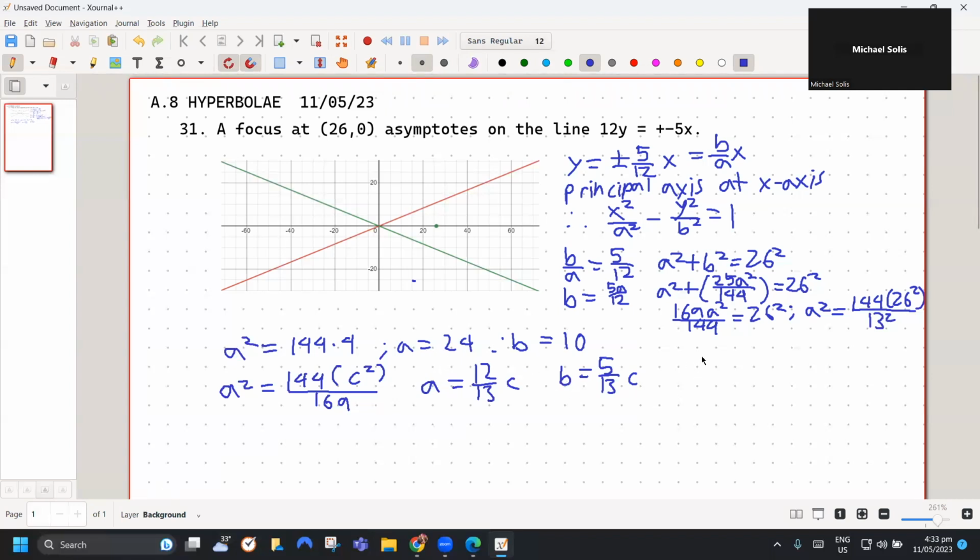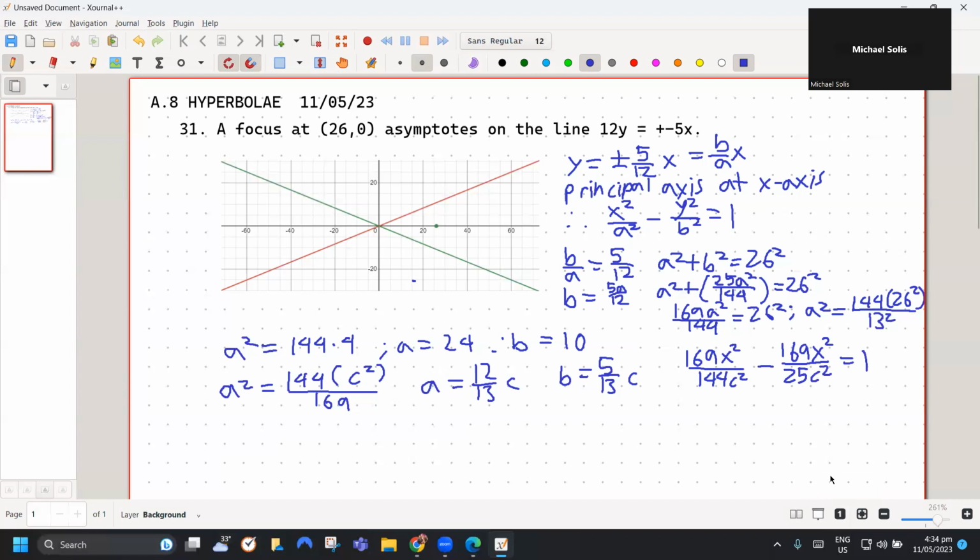So the equation is going to be over 12 times 2 is teka, ba't nasa numerator yung A? Okay. So 12, 144, 169 over 25 C square, that's equal to 1.